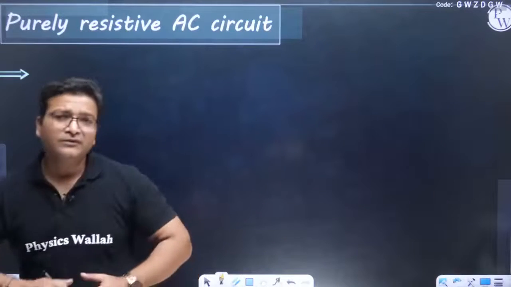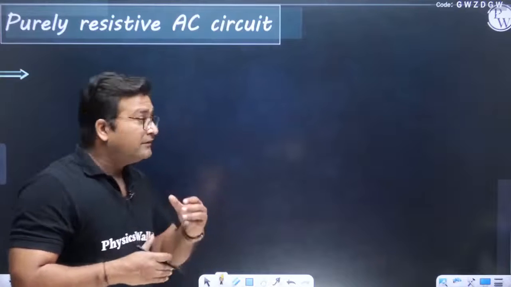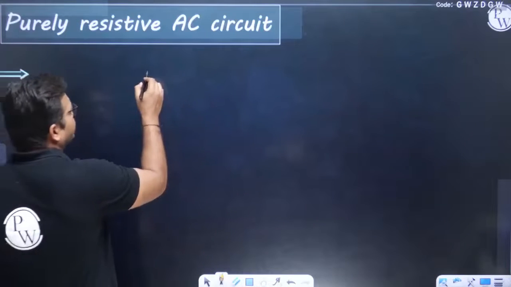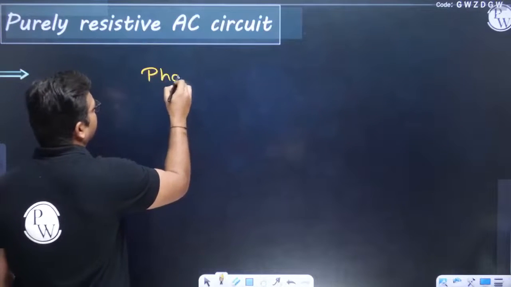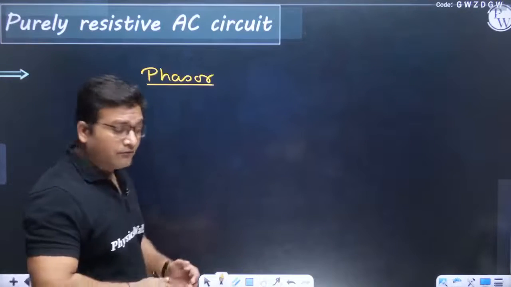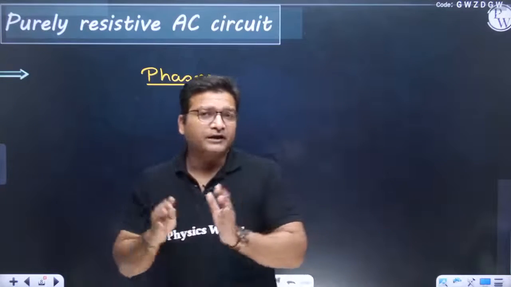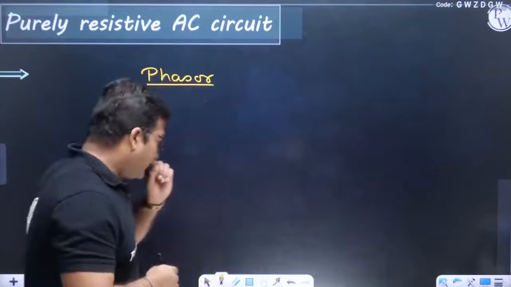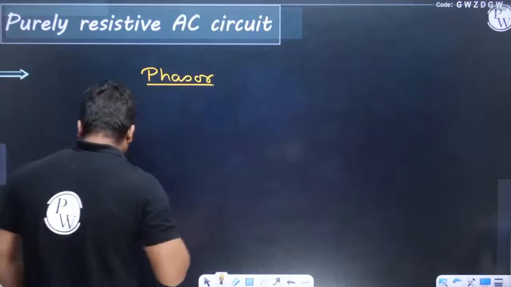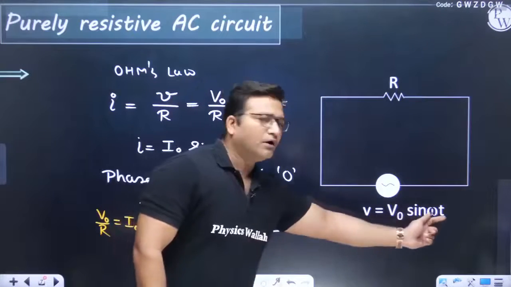We can also show this phase relationship by a technique called phasor. The phasor technique involves imaginary rotating vectors. So what are phasors? If you just look at the voltage value, it is V equals V naught sine omega t.